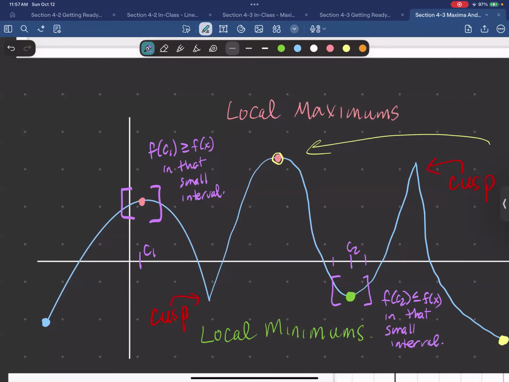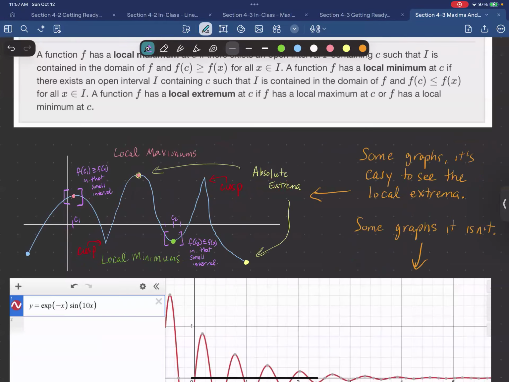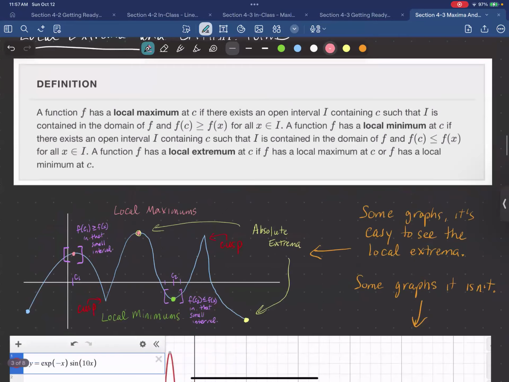Okay? It is important to note that cusps work as well. I didn't put the dots on the point yet because I wanted you to see it's a sharp point. But that's a local max. And that's a local min.